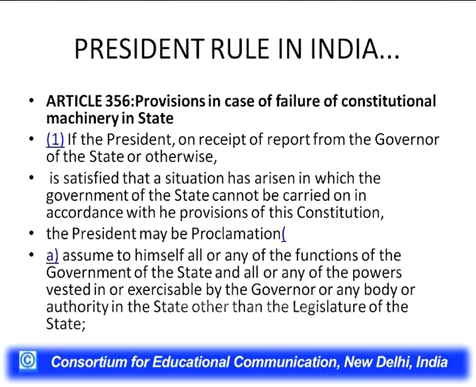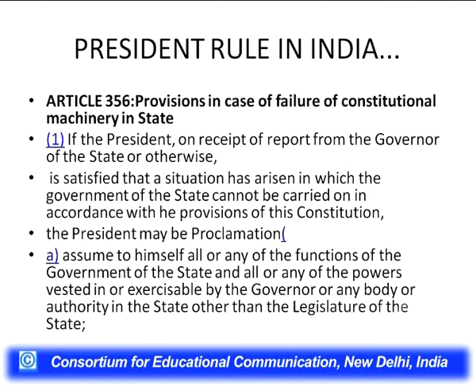presume that a situation has arisen in which the government of the state cannot be carried on in accordance with the provisions of the Constitution. And what he can do by the proclamation is provided by clauses A, B and C of Article 356. Clause A of Article 356 provides that he can assume to himself all or any of the functions of the government of the state and all or any of the powers vested in or exercisable by the Governor or any body or authority in the state other than the legislature of the state.